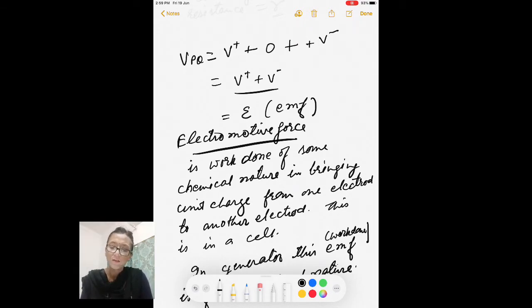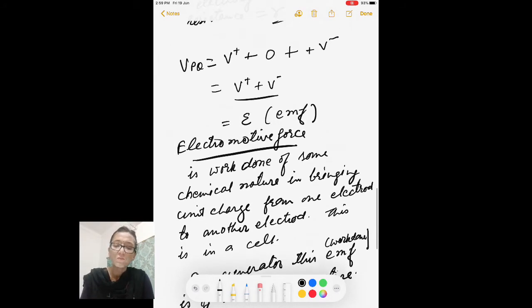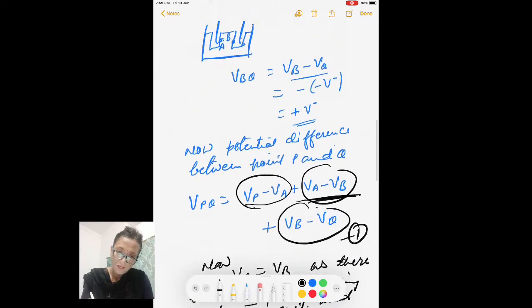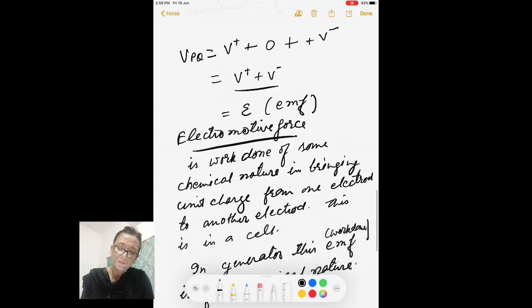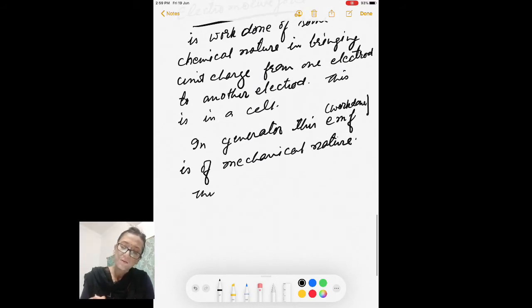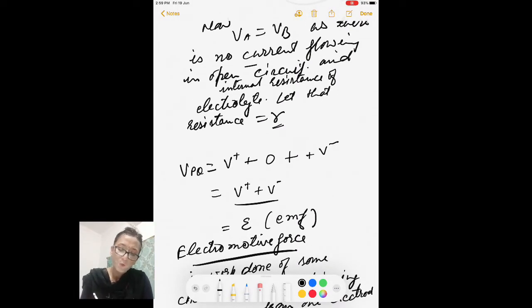EMF is work done in bringing unit positive charge from one electrode to another electrode in an open circuit. Okay, so this is in an open circuit, when you have not connected it through any outer resistance. So this is your equation 2.